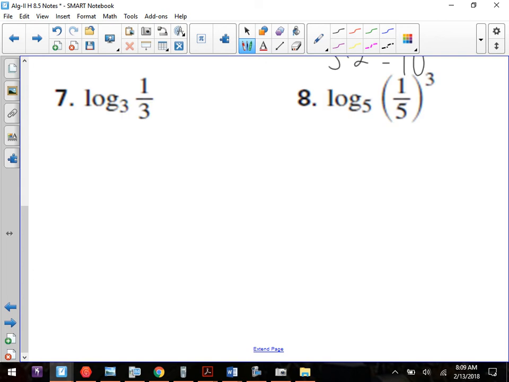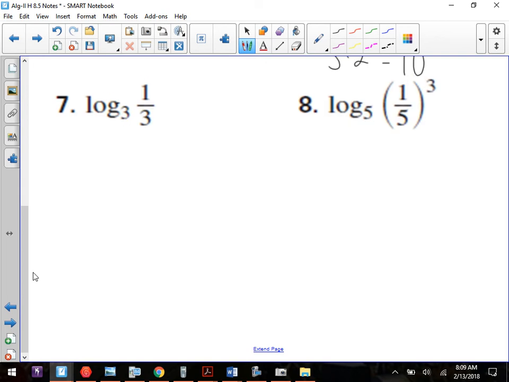So I want to rewrite log base 3 of 1/3. That's a division problem, isn't it? If I write this out to expand this out, I'm going to get log base 3 of 1 minus log base 3 of 3.